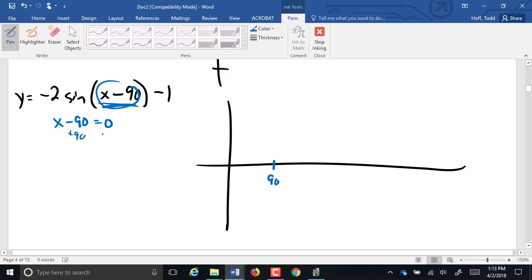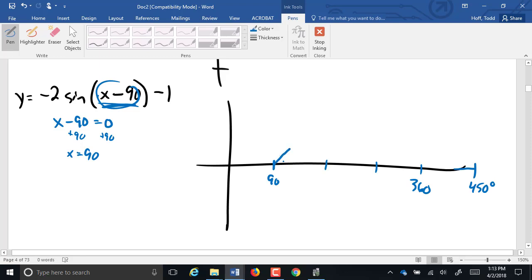You add 90 to both sides. So we start at X equals 90. We haven't changed the frequency at all. There's nothing multiplying the X. So our wave starts and goes like this.